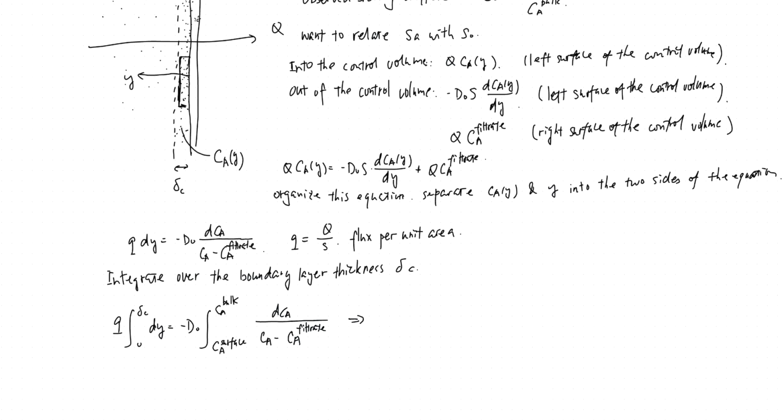Integration, you find Q divided by delta C equals natural log of Ca bulk minus Ca filtrate divided by Ca surface minus Ca filtrate.